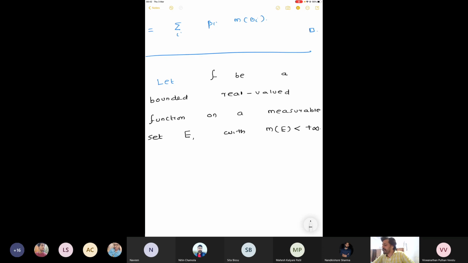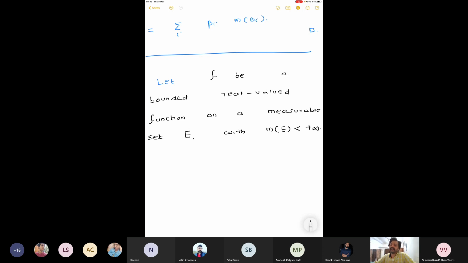Please recall the Riemann integration. There you dealt with bounded functions, and here also you have bounded functions. There you dealt with finite intervals of the type [a, b], where length is finite. Here instead of intervals, you have sets, and instead of length being finite, we have measure being finite. So we are almost in the same situation as Riemann.